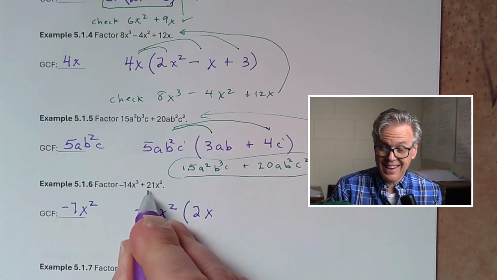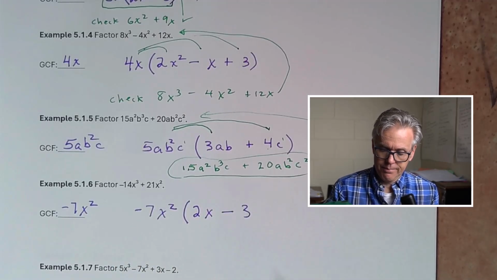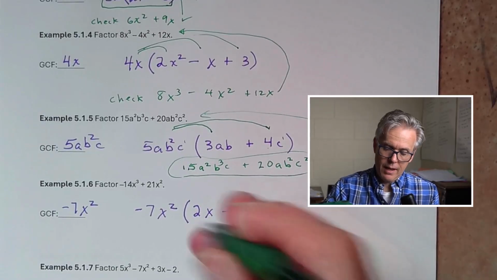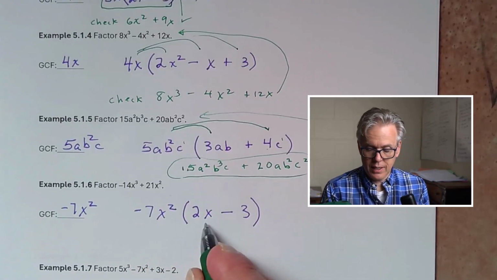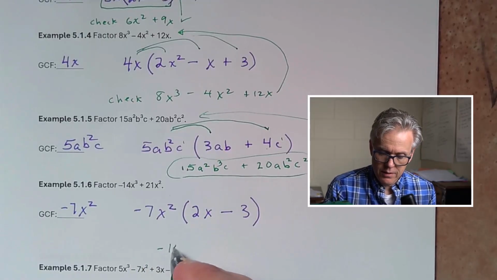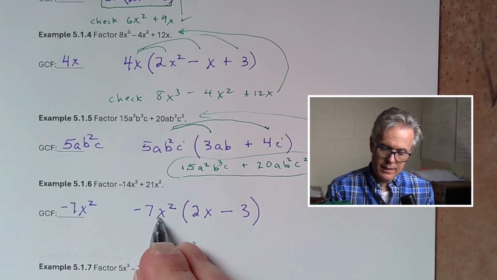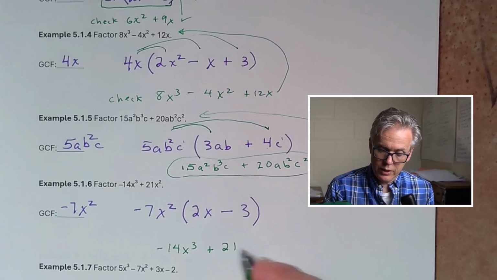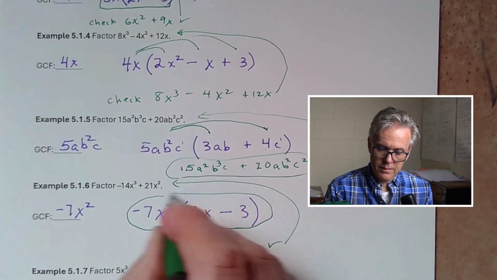And then I pull out a negative 7 from a 21, so that's going to change that back to a negative 3. Again, let's check that. Negative 7x squared times 2x is a negative 14x cubed. Negative 7x squared times a negative 3 is a positive 21x squared. So that checks out. Looking good. There's my answer.